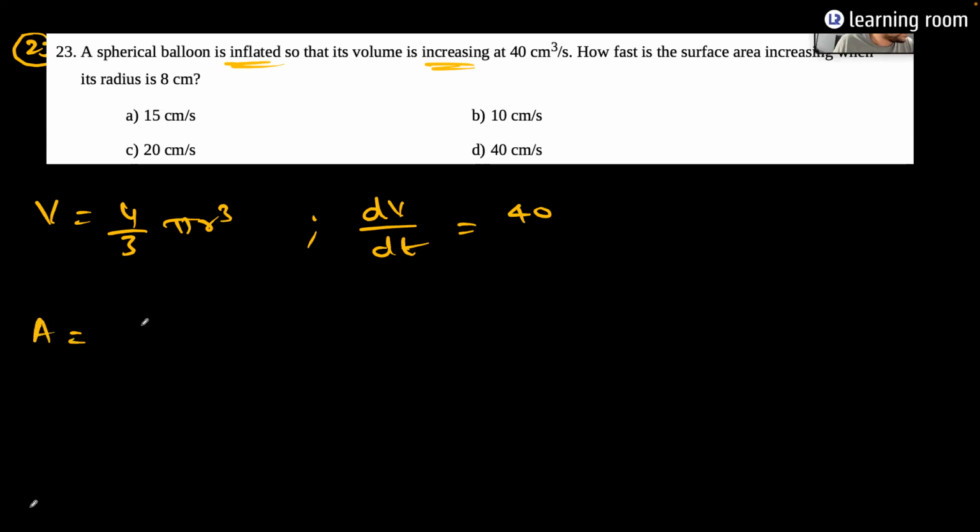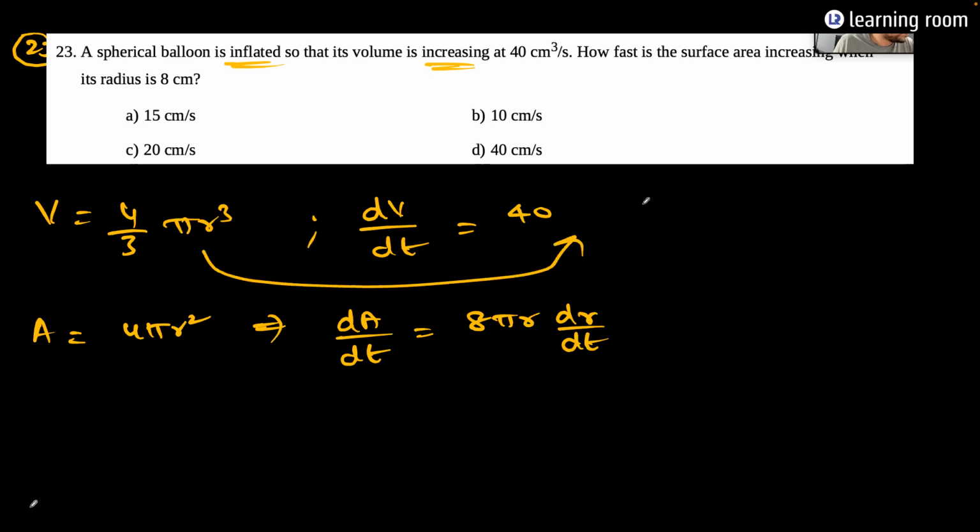What is the formula for area? 4 pi r square, which implies dA by dt will be equal to 8 pi r into dr by dt. If I differentiate the volume, dV by dt will be equal to 4 pi r square into dr by dt. So this will be equal to 40. Am I right?